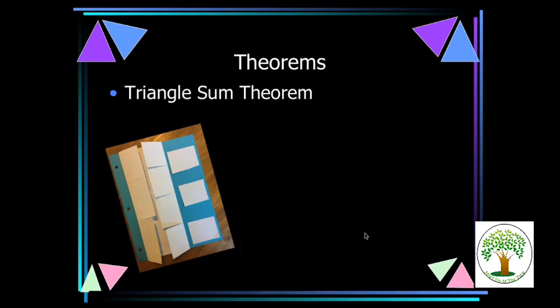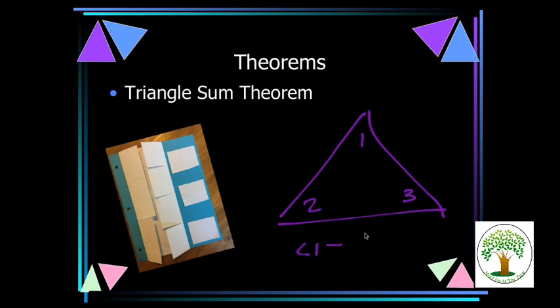If you want to summarize that, angle 1 plus angle 2 plus angle 3 equals 180. You can write that down inside your interior angles box. If you want to write the whole theorem out, feel free to do that: the angles on the inside of a triangle add up to 180.